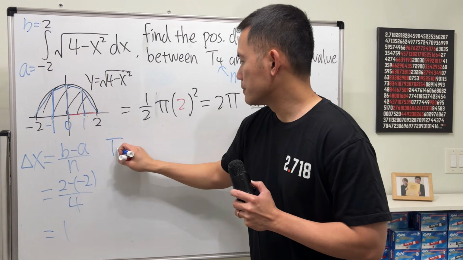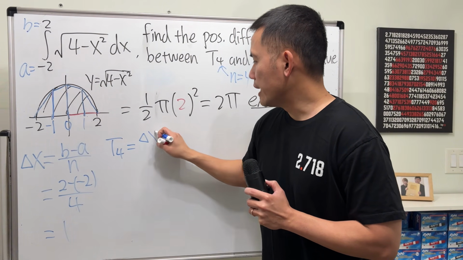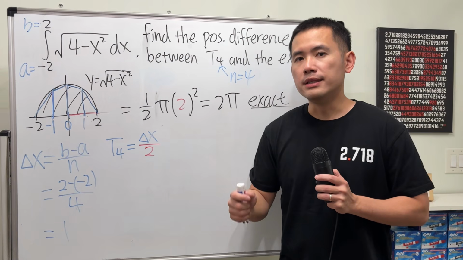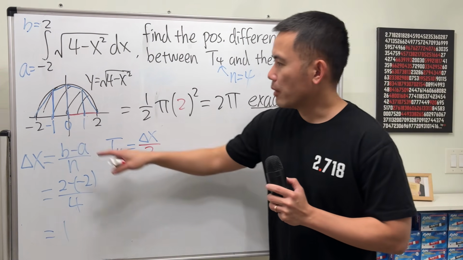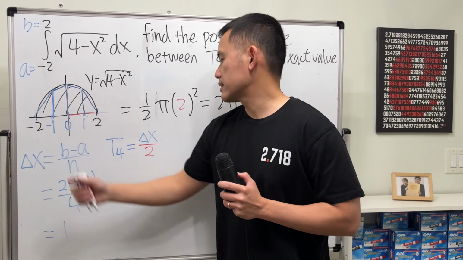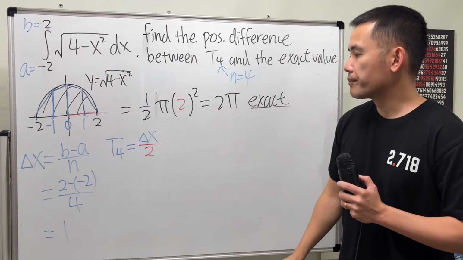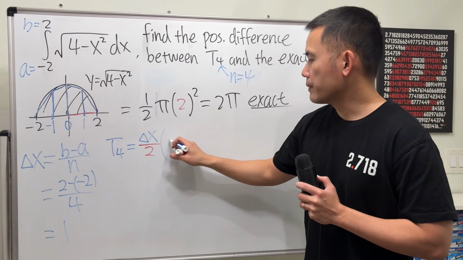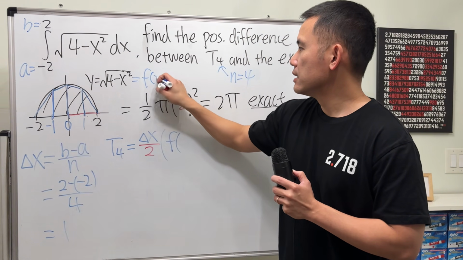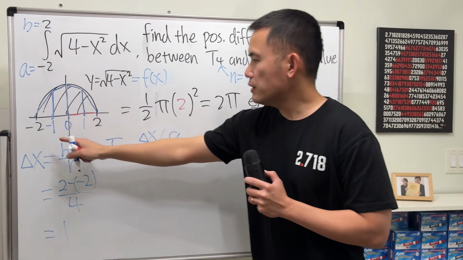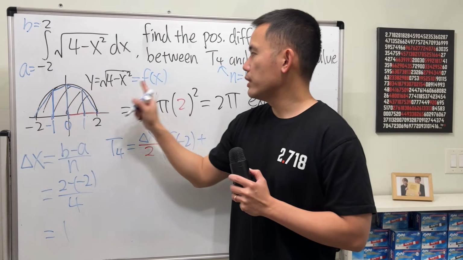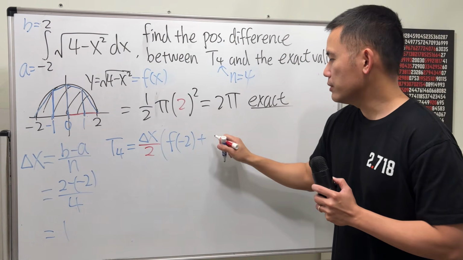Now for T4. Firstly, you have to remember that you take delta x and you will have to divide it by 2. Because the area of a trapezoid is 1/2 times the sum of the two bases and then multiply by the height. In this case, the height is the delta x, if you look at the trapezoid sideways. And then you have the following. f at the first x value. Our function is square root of 4 minus x squared, and the first x value is negative 2. And next, when you plug in the next x value into the function, make sure you multiply the result by 2.